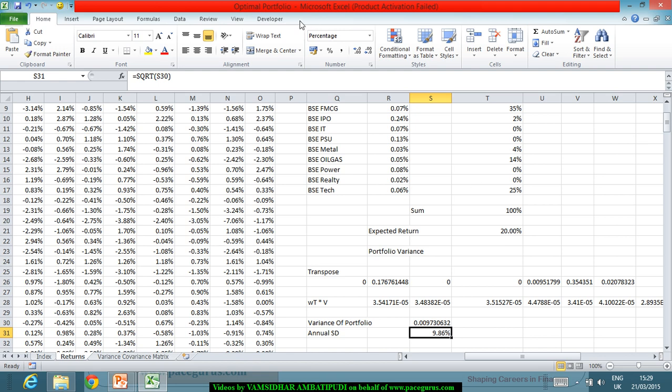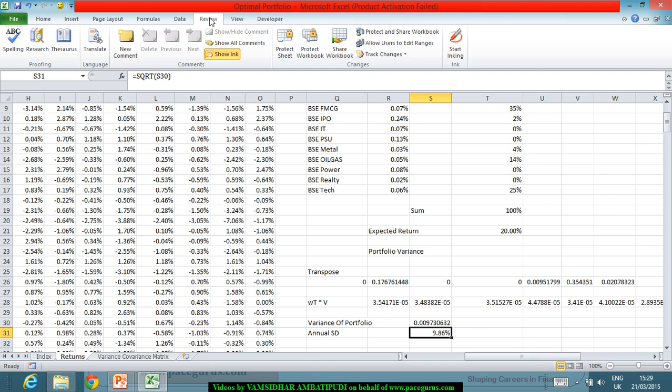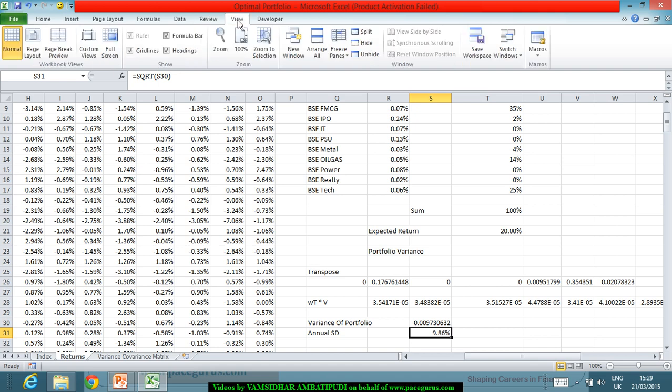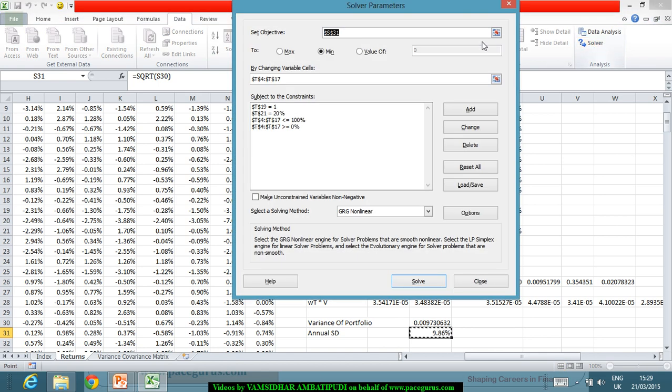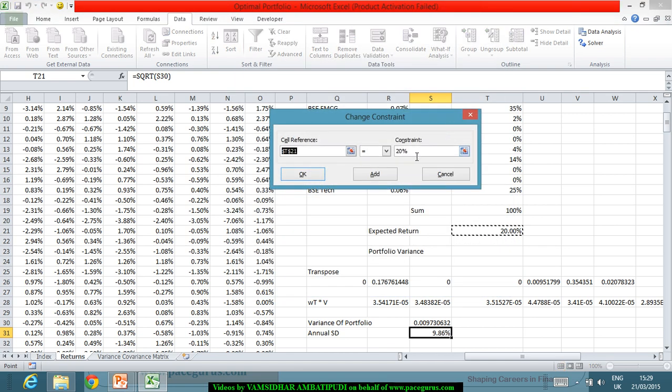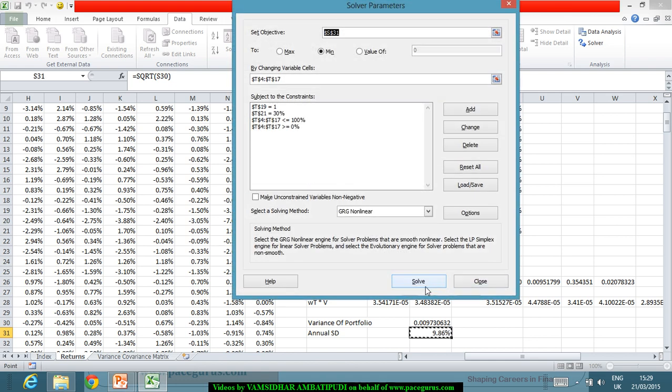But let's say now my objective changed. Some other customer came in. He wants a 30% return. He is not looking at a 20% return. So this objective has to be changed from 20 to 30%, with the rest remaining the same.